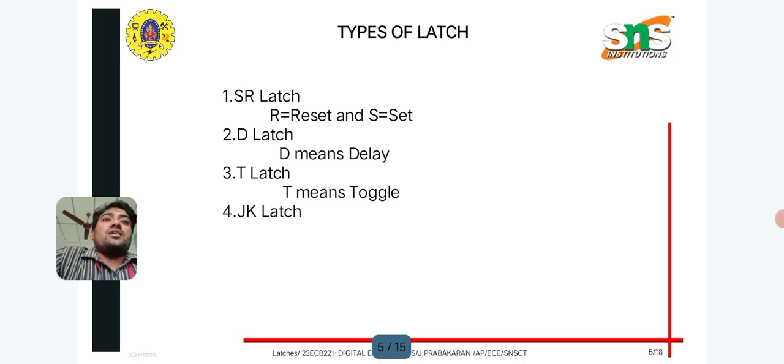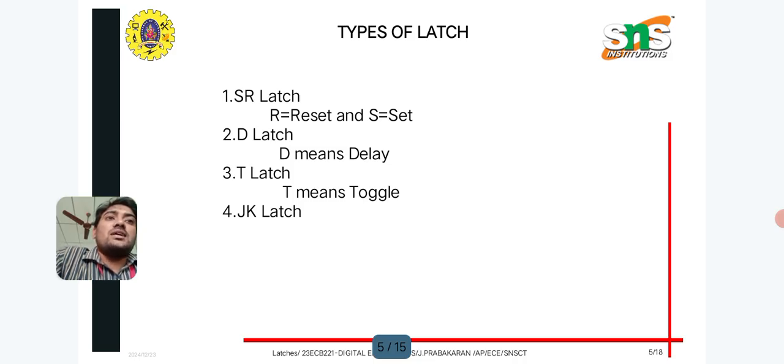If S equal to 1, R equal to 0, then Q equal to 1. S equal to 0, R equal to 1 means Q equal to 0. S equal to 0, R equal to 0 means Q retains its previous state, that means hold state. S equal to 1, R equal to 1 means invalid state.